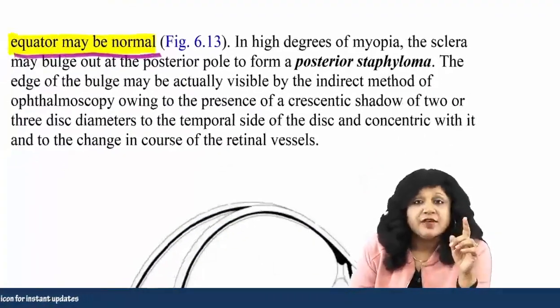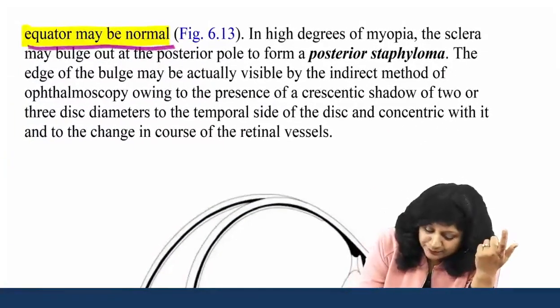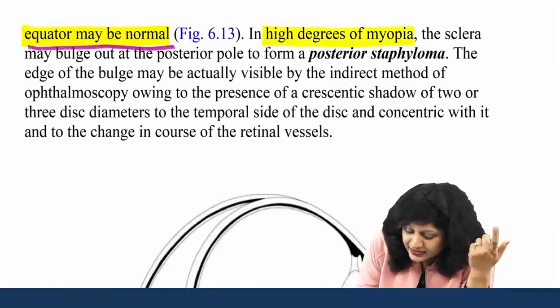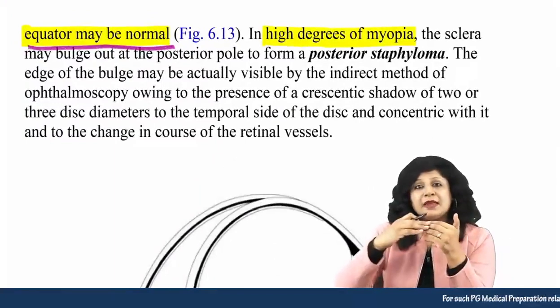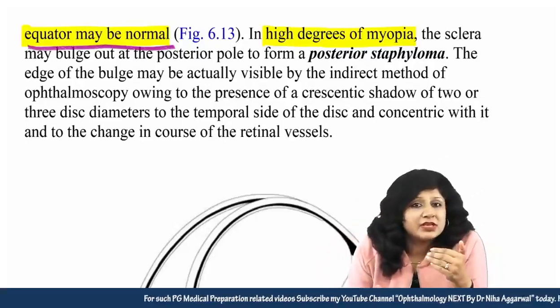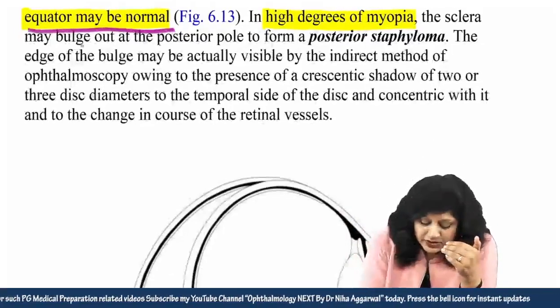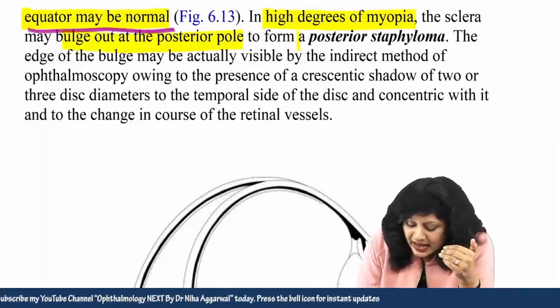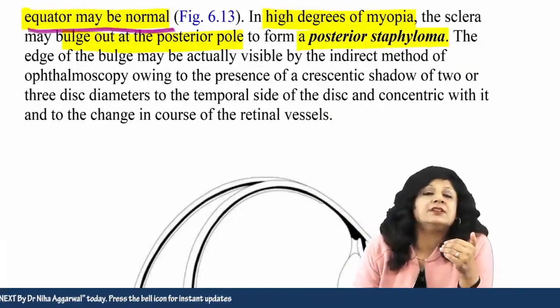But when we have high degrees of myopia, there is an over-bulging or protrusion of the sclera from the posterior side. When we have this bulging at the posterior pole, that forms a posterior staphyloma.